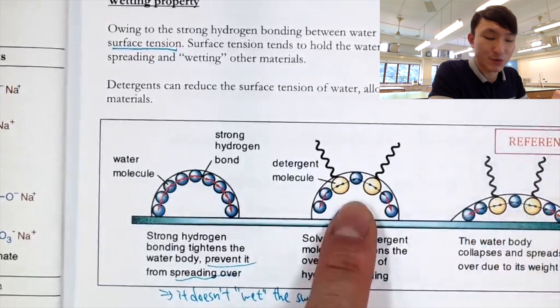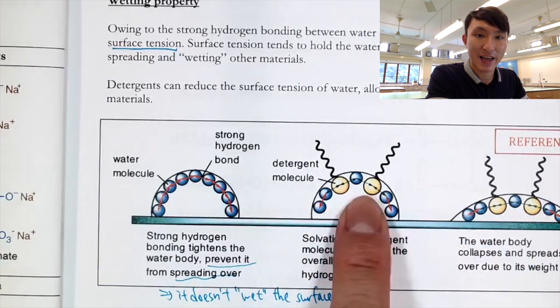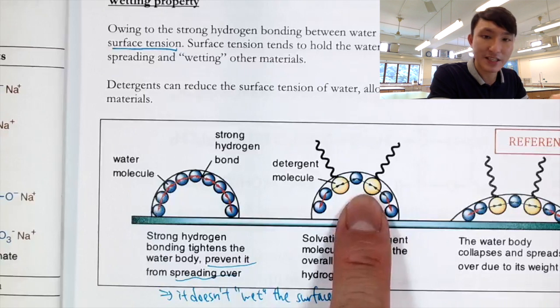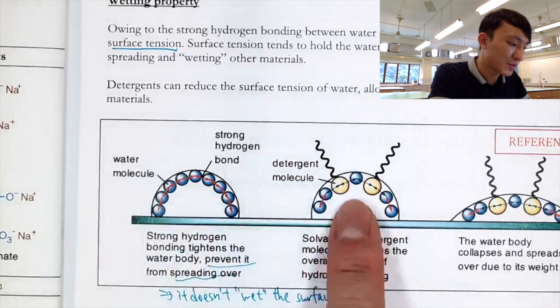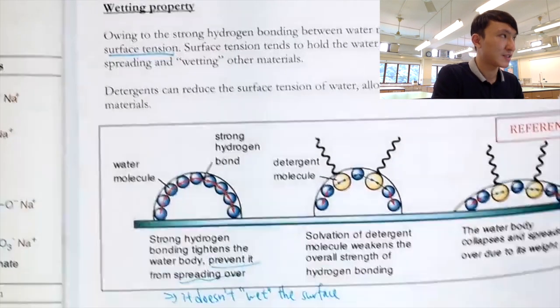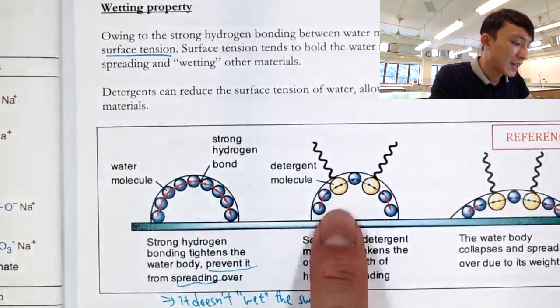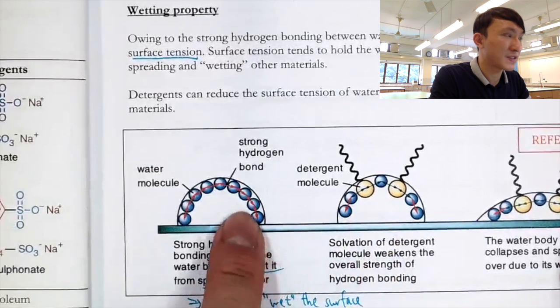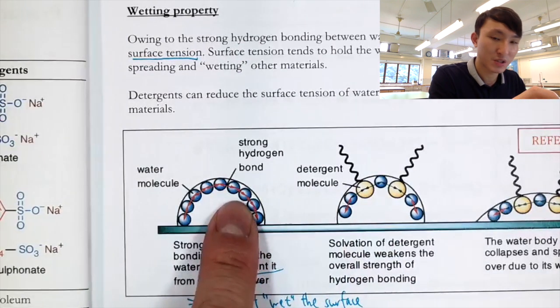Now if you introduce some detergent molecules, the detergent molecule dissolves into the water droplet only at the head, because the head is water soluble, the tail is not. Look at the thickness of those arrows. Originally they have a very thick double-headed arrow, meaning strong hydrogen bonds between water molecules.